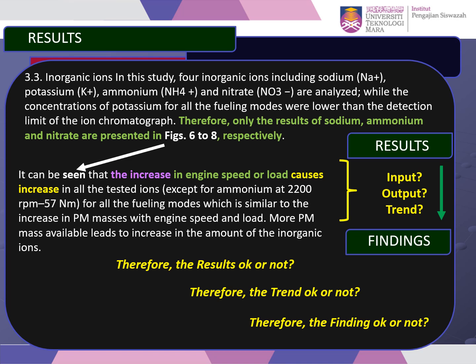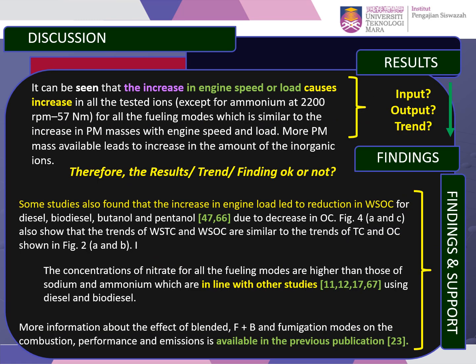In simple words, what is obvious from the graph or from the tables is the result. Now from the results and the findings, you discuss whether the result or the trend finding is okay.